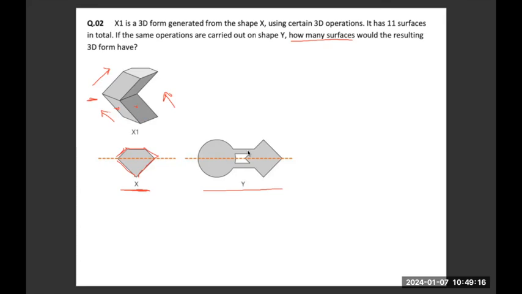But when I extrude it in the other angle, these planes will again be repeated, which means the total number of surfaces will be equal to twice the number of edges of the 2D plane plus the top surface and the bottom surface, which is 2 surfaces.